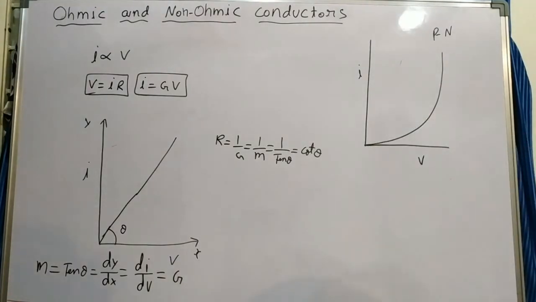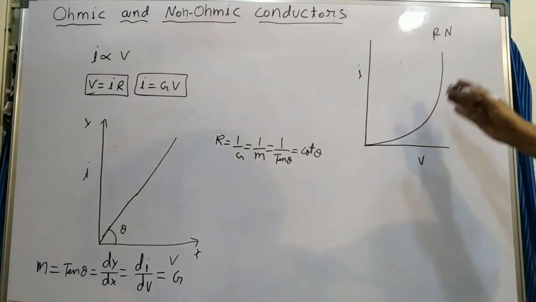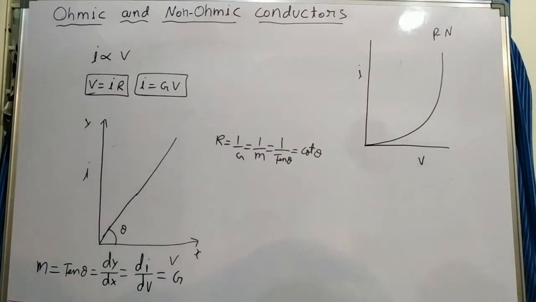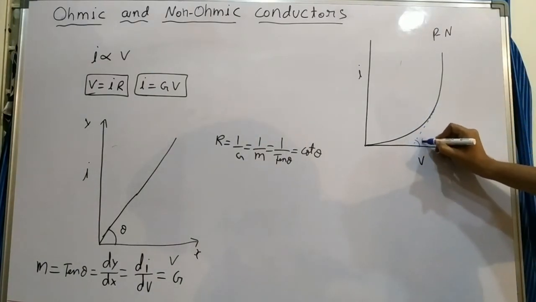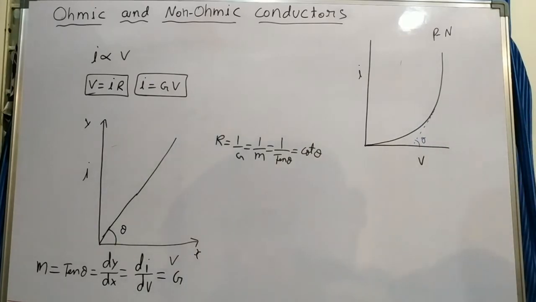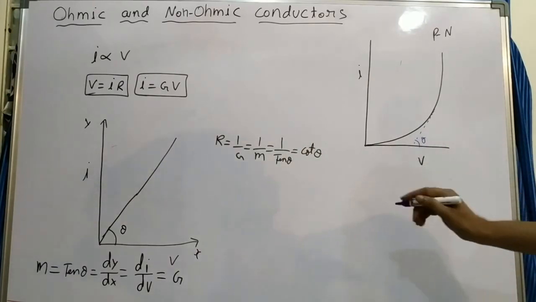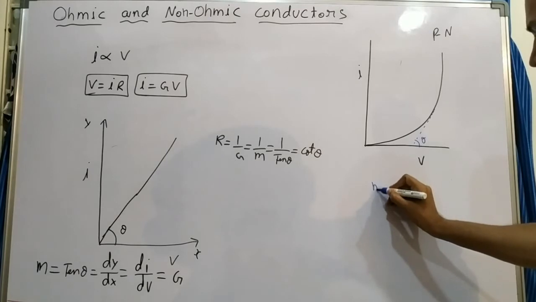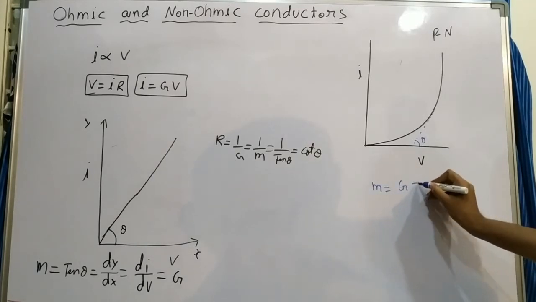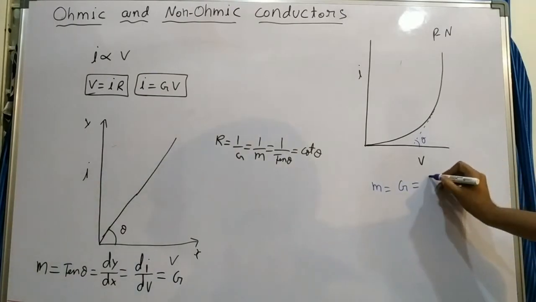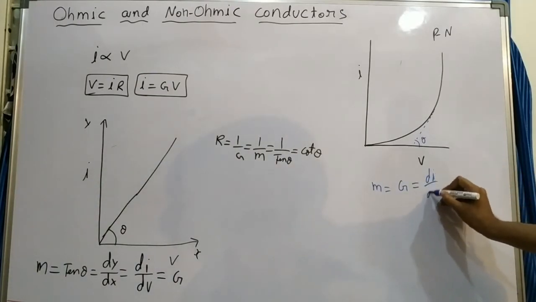Here, what is the slope of the line? That is conductance, but here different slopes are there. At any position, if you want conductance, you can draw a tangent on the graph that makes an angle theta with the x-axis. This gives conductance: G is equal to the slope, change in current by change in potential.